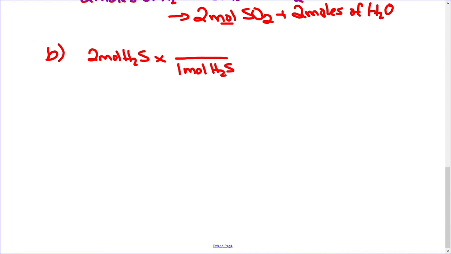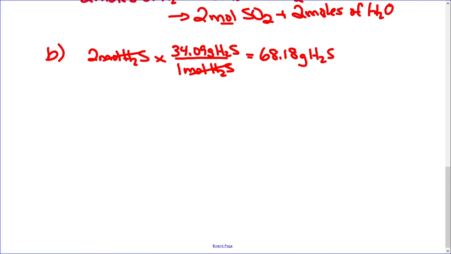So if I take 2 hydrogens and 1 sulfur and add them together, I'm going to get 34.09 grams of H2S. So that's how many grams are in 1 mole of H2S. Now I can see moles on the bottom and moles on the top are going to cancel, and really I could just take 2 times 34.09. It's going to give me 68.18 grams of H2S.